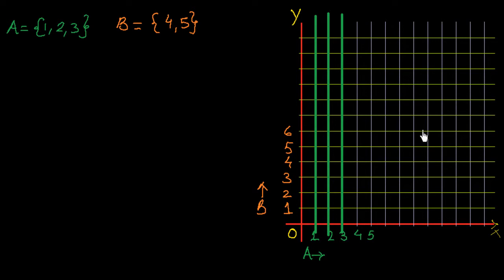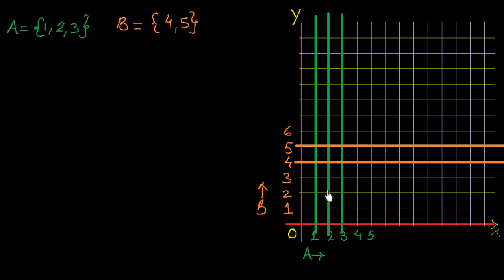Now we plot the lines y is equal to 4 and y is equal to 5. It will go through 4 on the y-axis. This is the first line and this is the second line we have plotted. In this way we have plotted the lines.